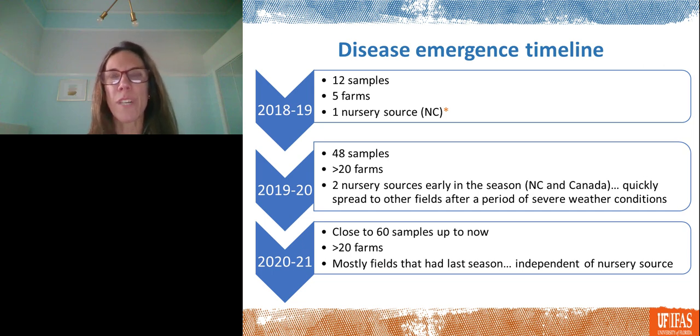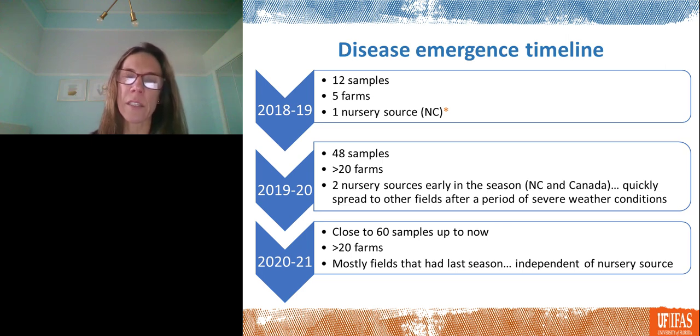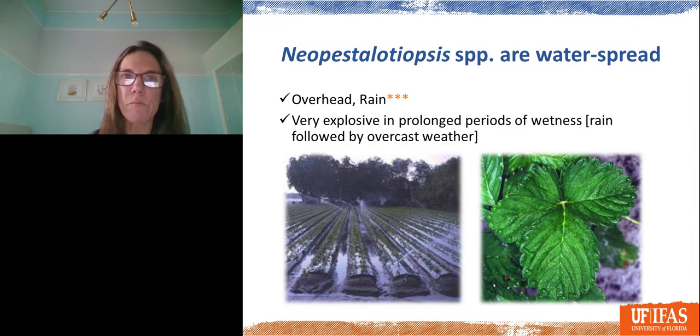So what we're seeing this season is a bit different than what we've seen in the past 2 seasons, in that we can't really see that link with nursery source as much anymore. What we see is that mostly fields that had the disease last season have it again this season, which kind of indicates that, unfortunately, it looks like the pathogen survived in our fields between seasons.